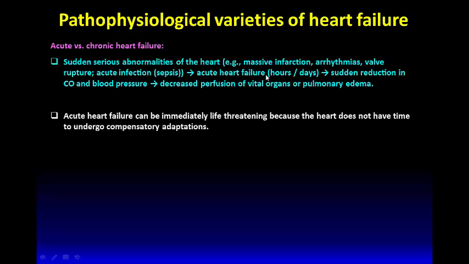Acute heart failure results in sudden reduction in the cardiac output and blood pressure and decreased perfusion of vital organs, and in acute left-sided failure, the serious life-threatening complication of pulmonary edema might develop.